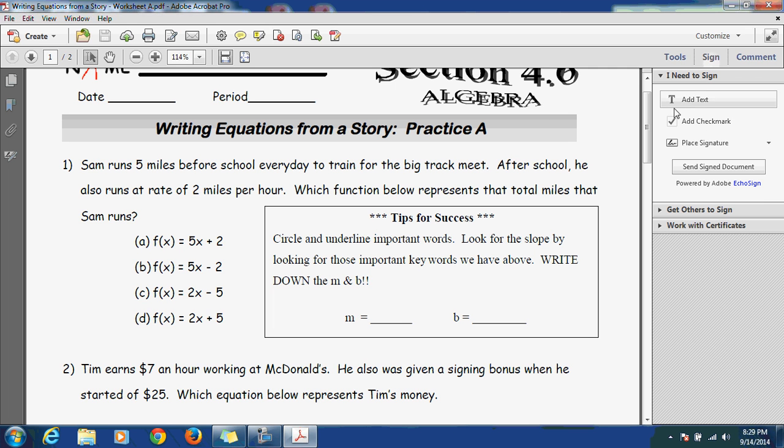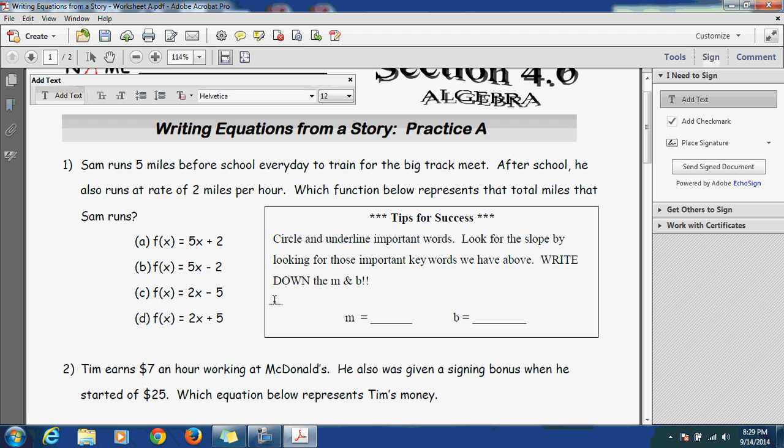When we talk about slope, I want you to think of words like per, each, or every. These are key words in a sentence that will help us figure out the meaning of this word.